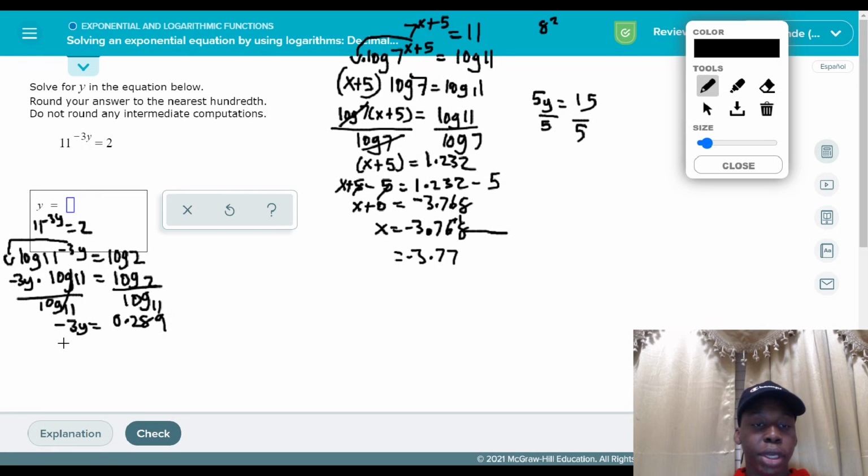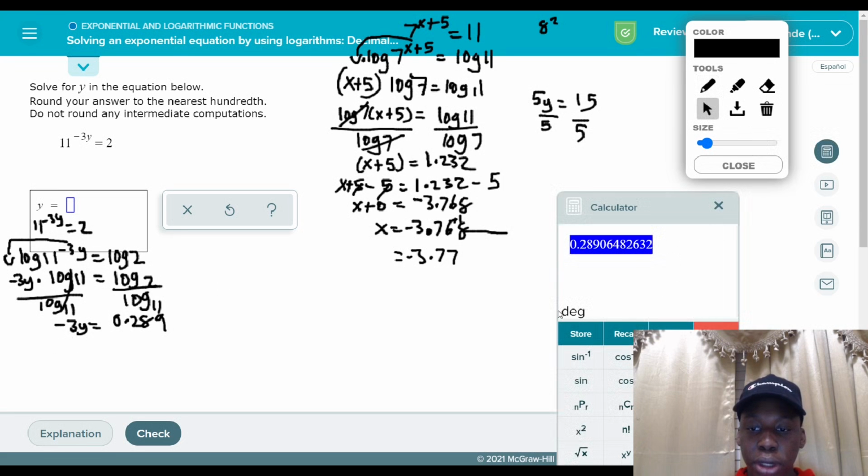Okay, and now the next step that we have to take is to divide both sides by -3. It's the same concept as in the example I gave. All we have to do is divide both sides by -3 for us to find y in this case. So that's basically saying 0.289 divided by -3 is minus 0.096.